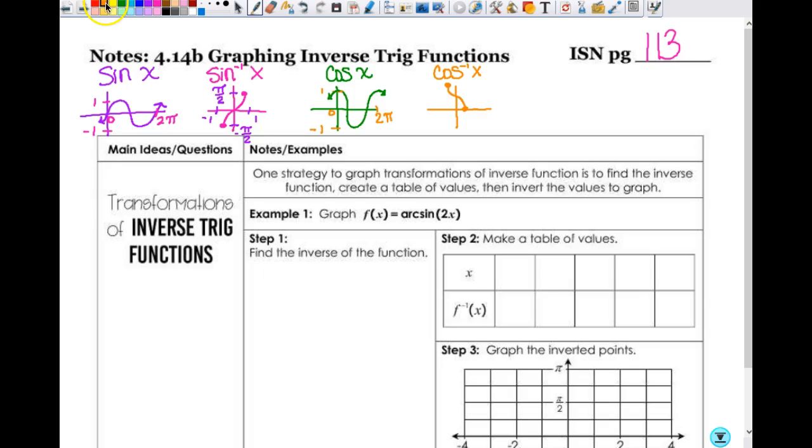Because here, this goes from -1 to 1, and your y values go from 0 to pi. You're not going to get a negative answer from a cosine inverse. Questions at this point?